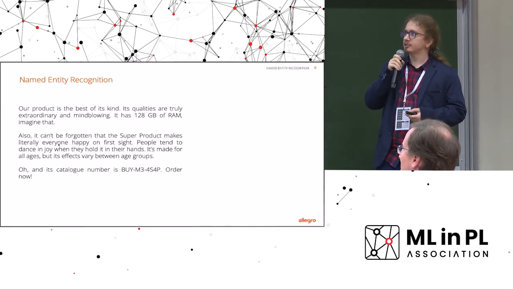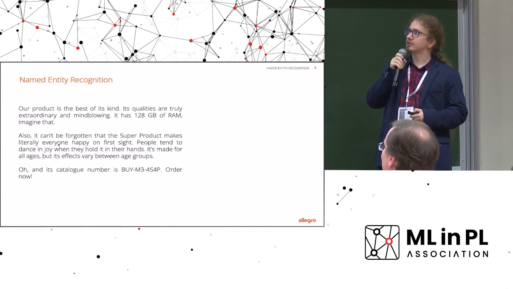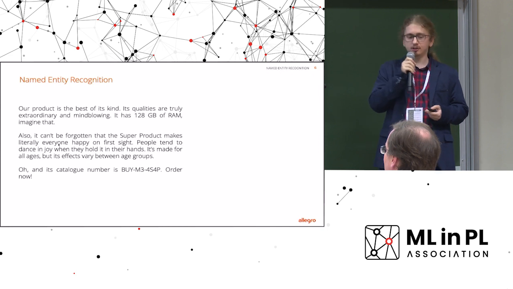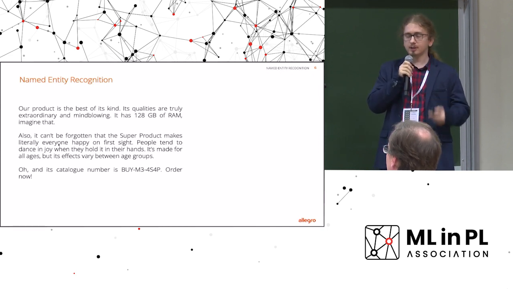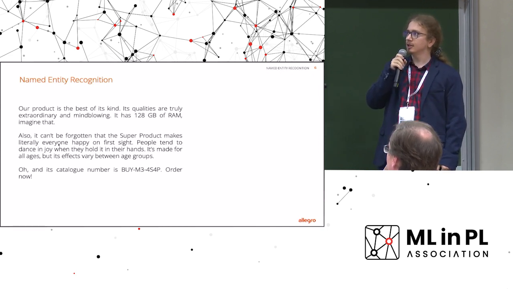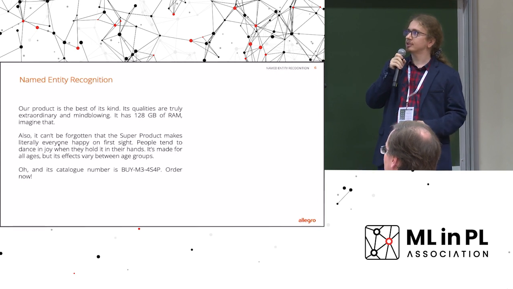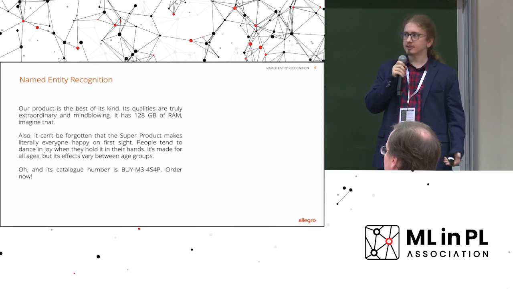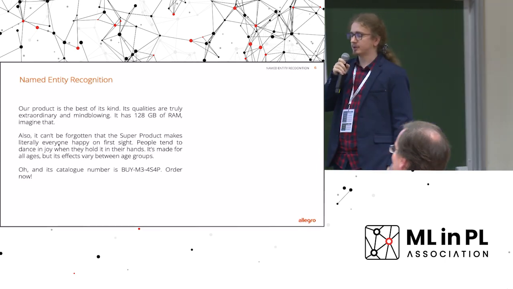The idea is that sellers often put this parameter information into the text, not into the parameters themselves. So we want to analyze these product descriptions and extract parameter values from them, and then fill in the missing values in these structured parameters.